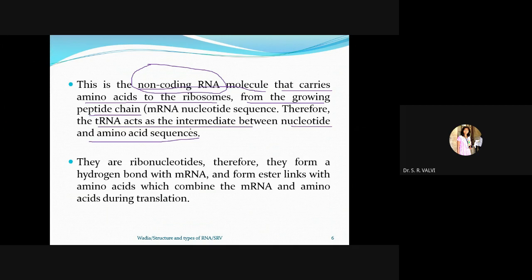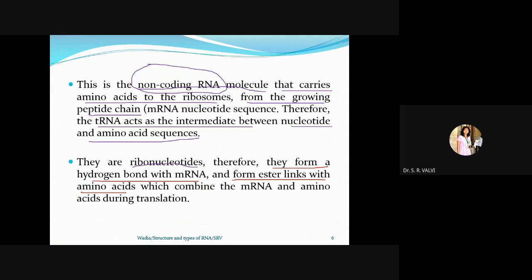They are ribonucleotides. Therefore, they form a hydrogen bond with mRNA and form ester links with amino acids.